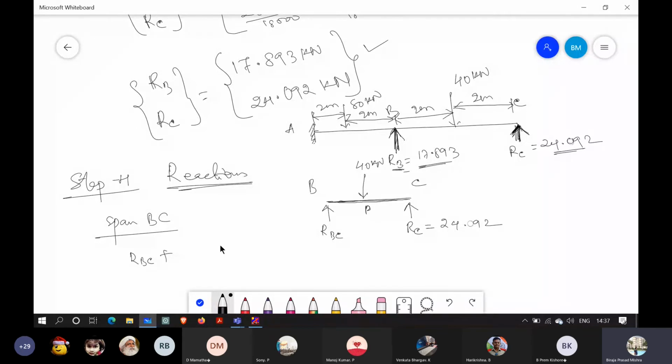So if we make the summation Fy equals to 0, then RBC plus RC minus 40 equals 0. This implies RBC equals 40 minus RC, so RBC equals 40 minus 24.092.